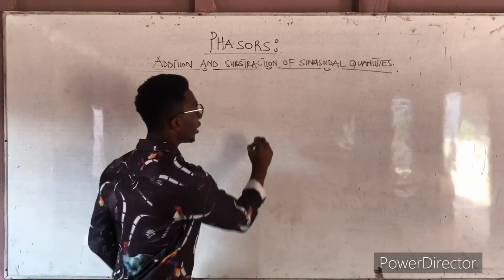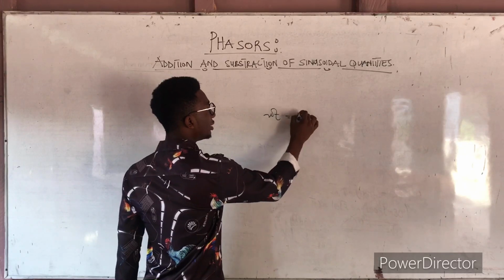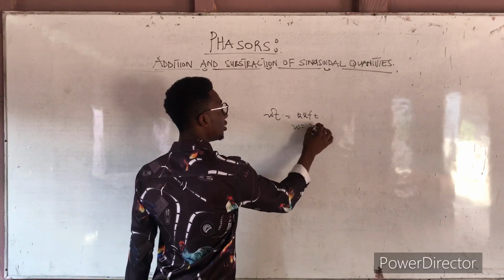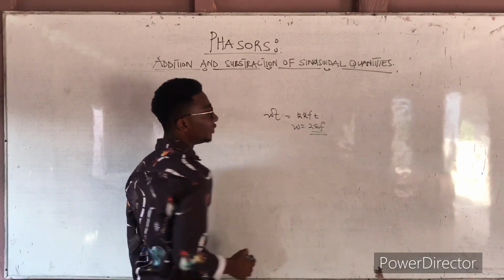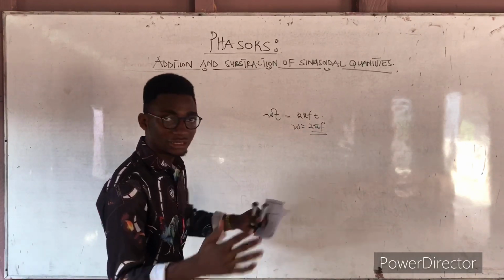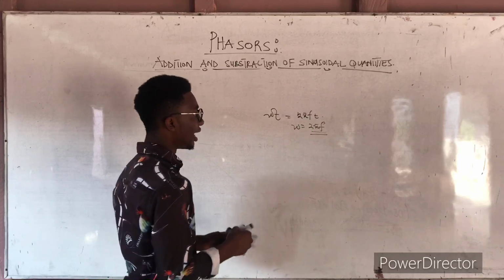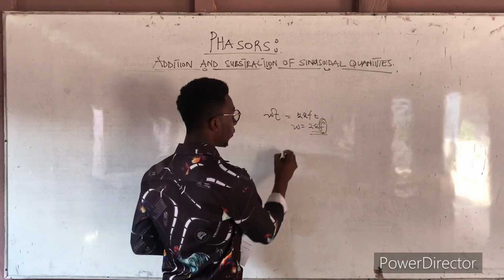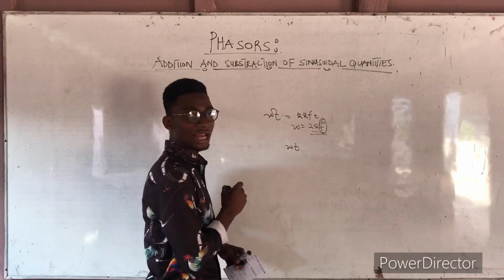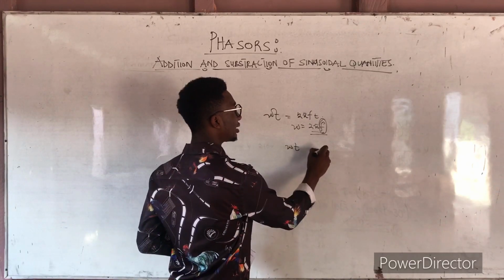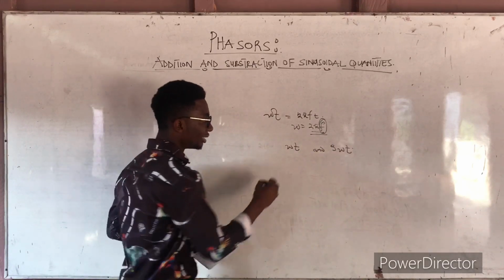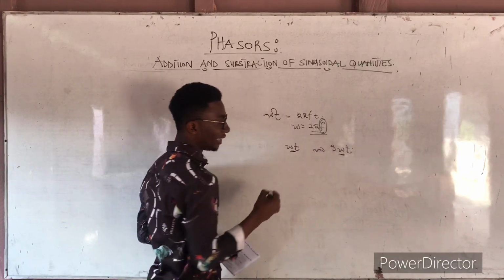Most of them will have omega t, which is the same as 2 pi ft, so omega is 2 pi f. If you see two sinusoidal quantities whose frequencies are not the same, for example one with omega t and another with 3 omega t, you should note that the frequencies are not the same.